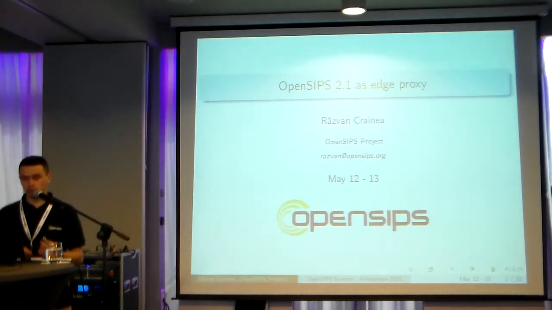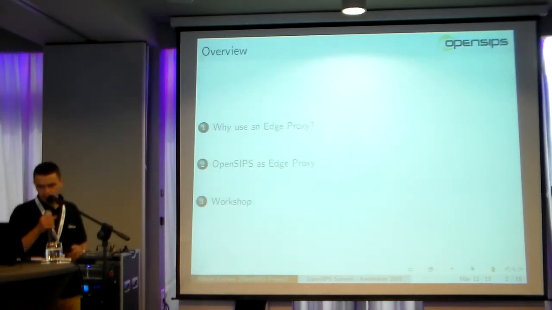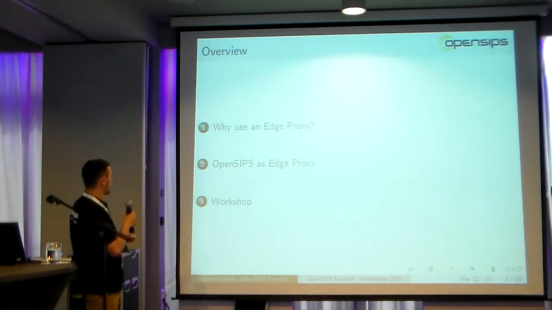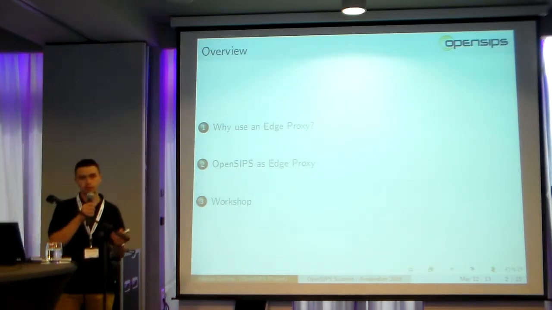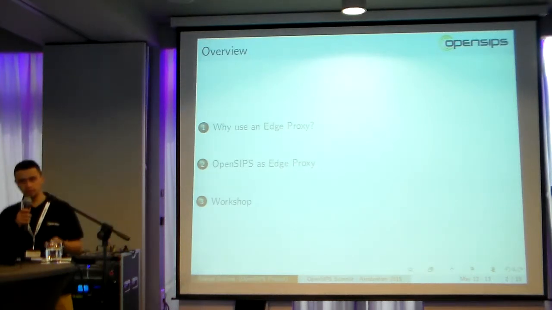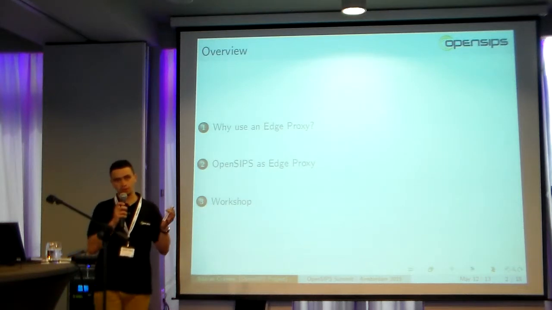So let's see what the presentation is about. First of all, we'll find out why you need an edge proxy. Probably not all of you are using it. Probably some of you don't really know what it should do.